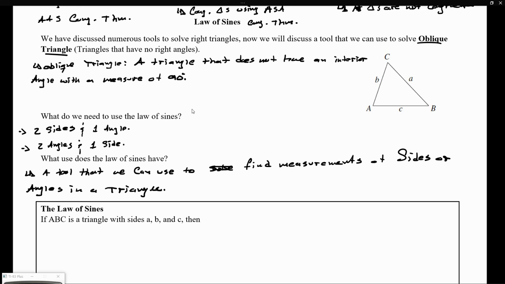So the law of sines is going to be a tool that we can use to find measurements of either the sides of the triangle or the angles of the triangle. So keep that in mind.